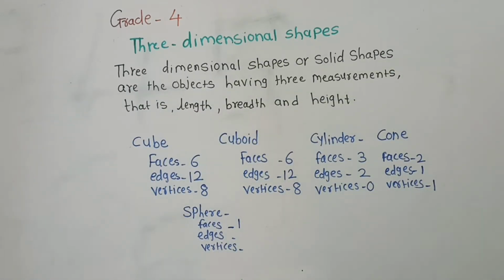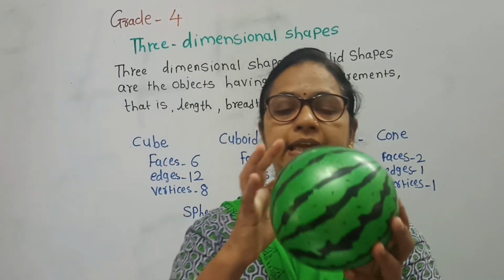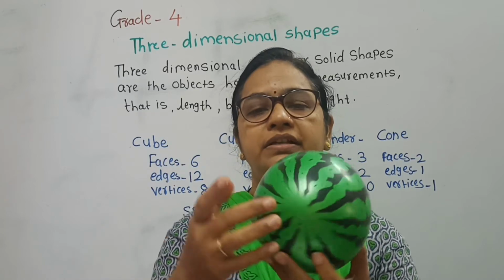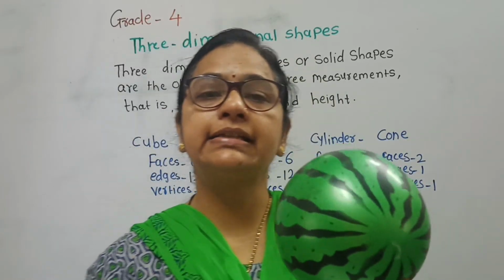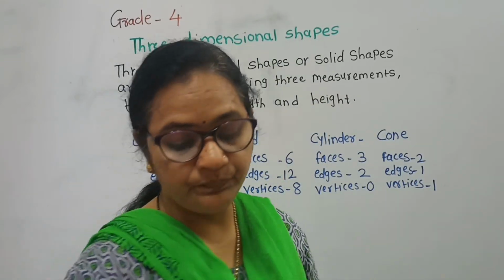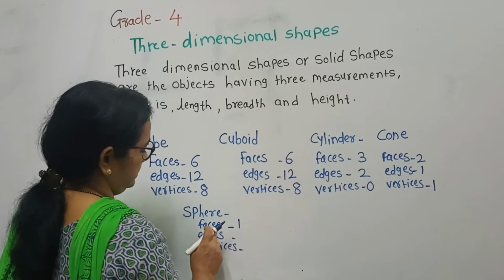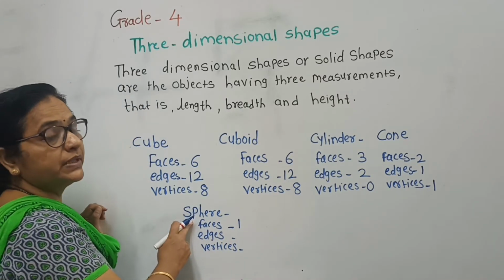Okay. Now what about the edge? See where it joins. And vertex, there is no point here. So edges and vertices are not there in a sphere shape.